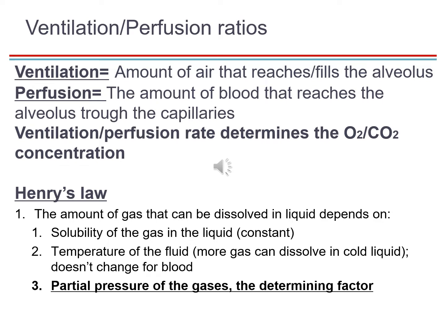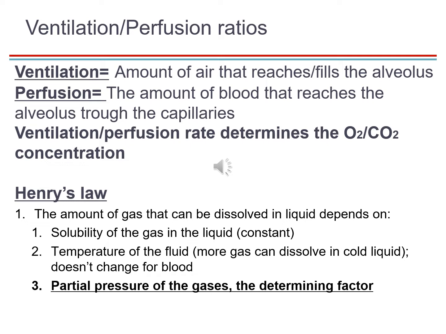The second element that determines the solubility of the gas in a liquid is the temperature. But again, in the case of the blood, it doesn't affect too much, because our body is ideally keeping body temperature homeostasis, which is 37 Celsius.